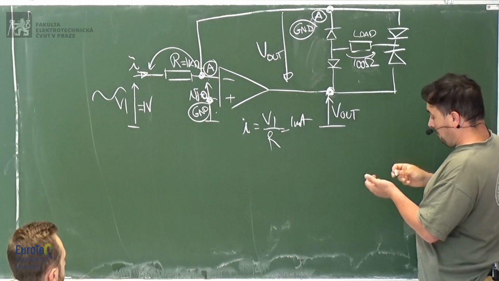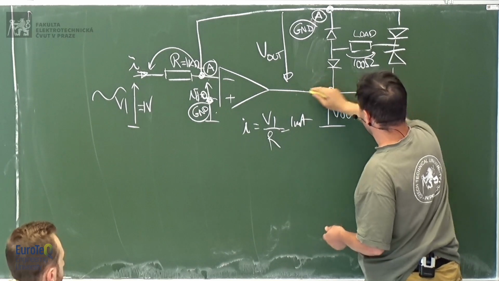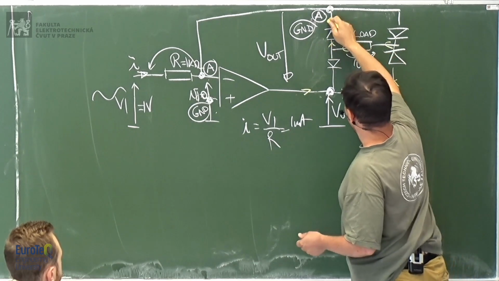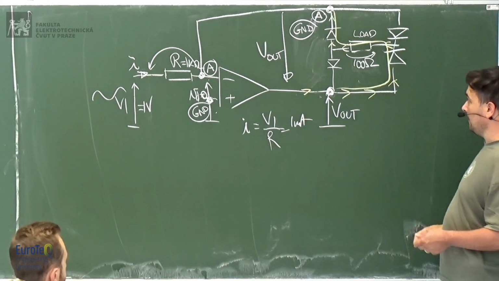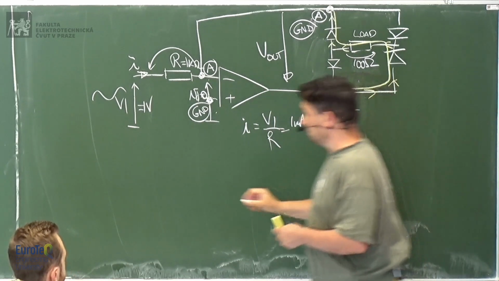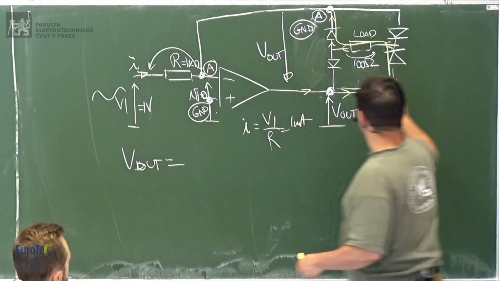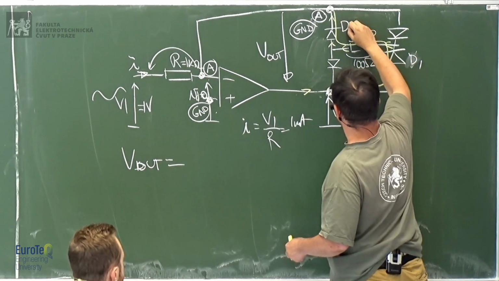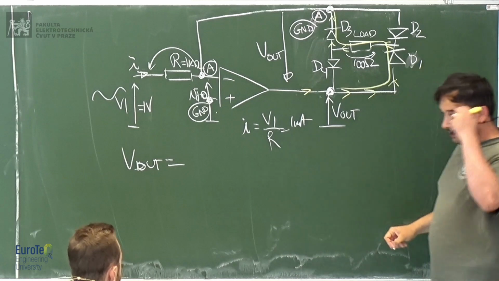So my voltage V out, if the current goes in this direction, is equal to, let's see, this is diode 1, and this is diode 3, diode 2, and diode 4, okay?